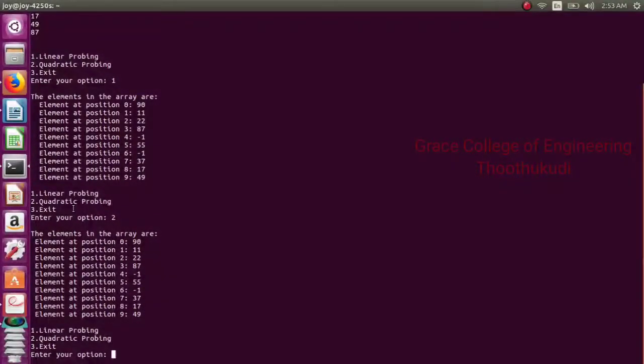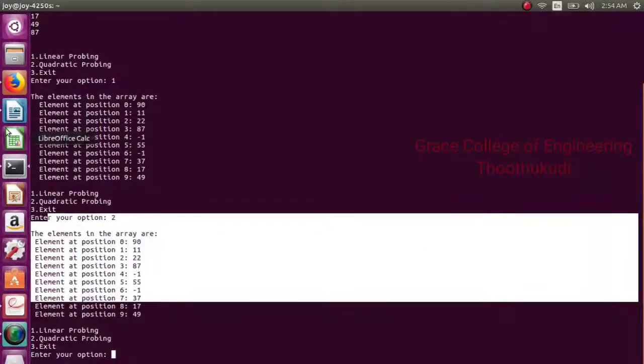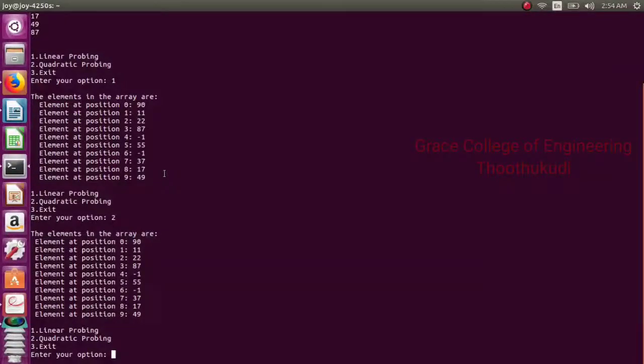The next element is 49. 49 divided by 10 gives remainder 9, so it is placed at the 9th index. Then the last element is 87. 87 divided by 10 again gives remainder 7. In the quadratic probing method we use the same formula, hash of key plus i squared mod m.